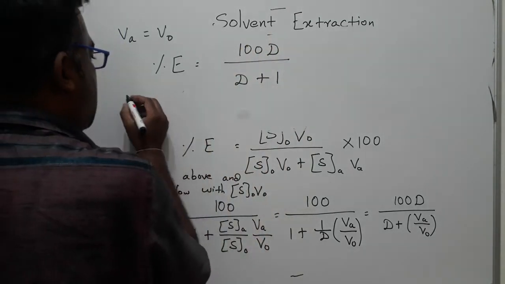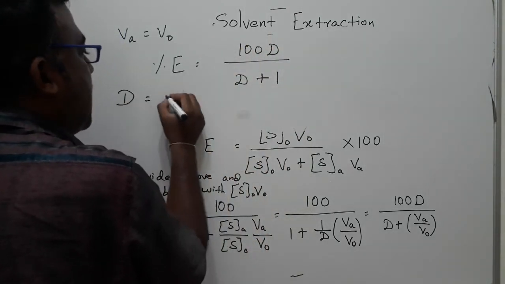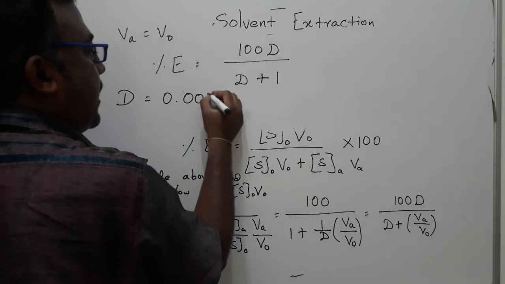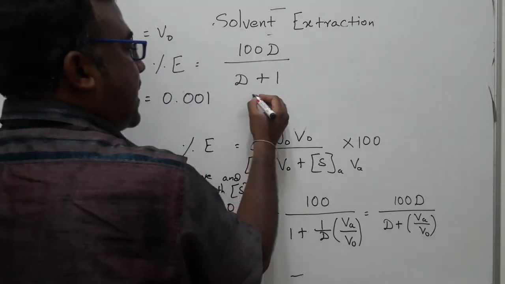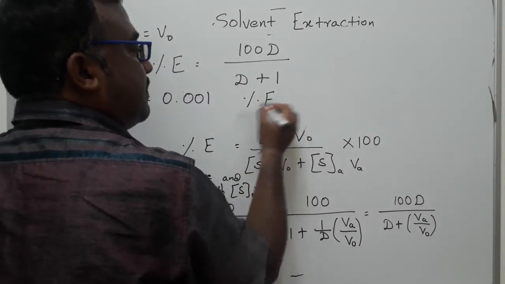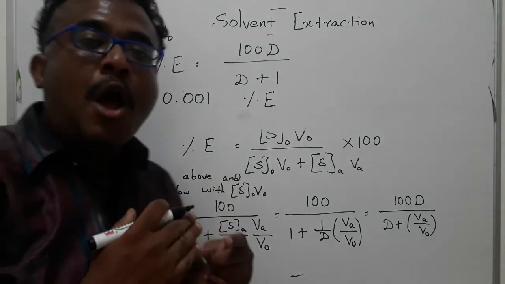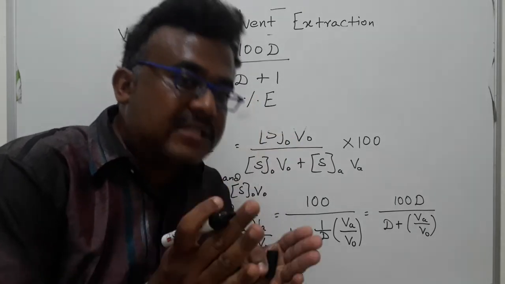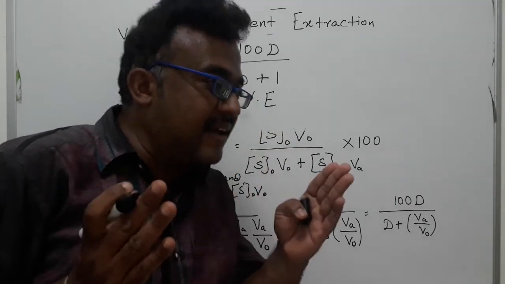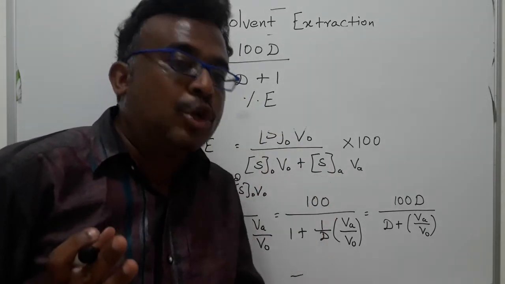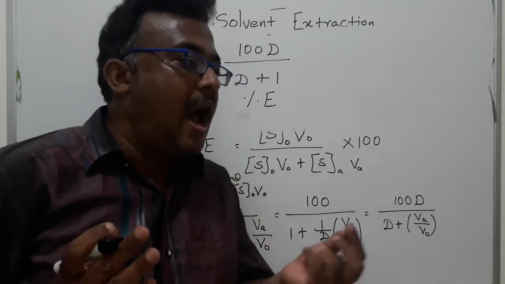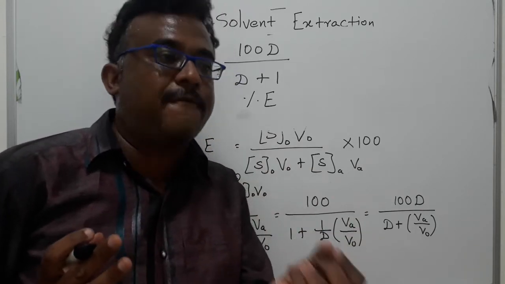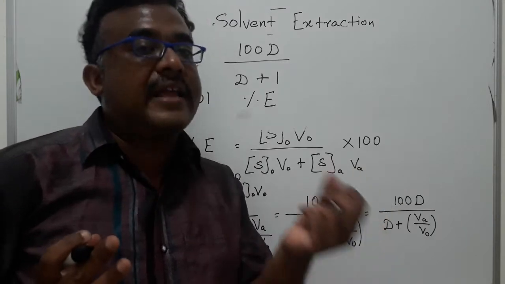In case, just assume D is around 0.001, then what happens? The solute will be retained only in the aqueous phase. That means the extraction will be negligible, almost zero. Only about 0.1% of the solute will be extracted to the organic layer.